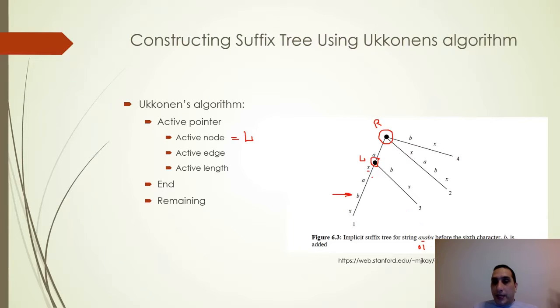That means the active edge, if we set active edge to 1, that actually tells the algorithm to use the left leaf edge from the node L.